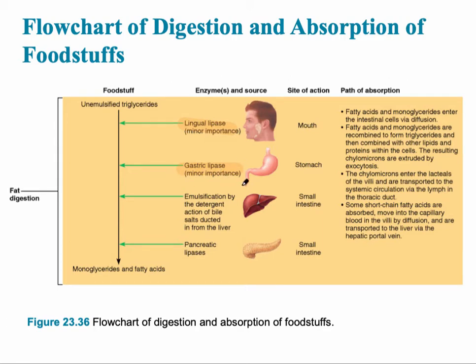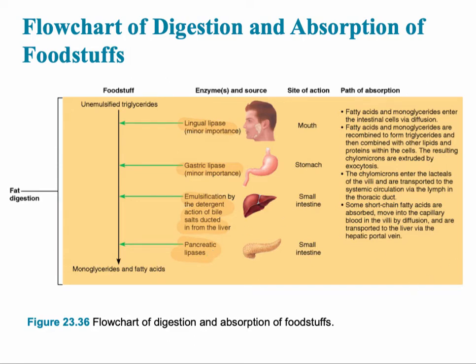And that, again, is minor. So the major breakdown of fats occurs in the small intestine because of the work of both the liver and the pancreas. The liver produces the bile, and that bile then travels to the small intestine through the hepatopancreatic sphincter, and pancreatic lipases also help to break down those fats.